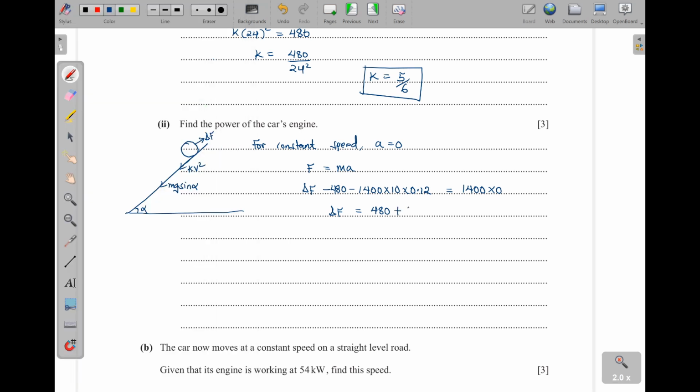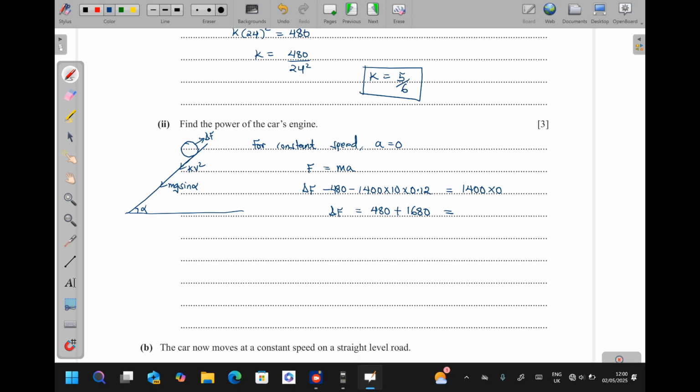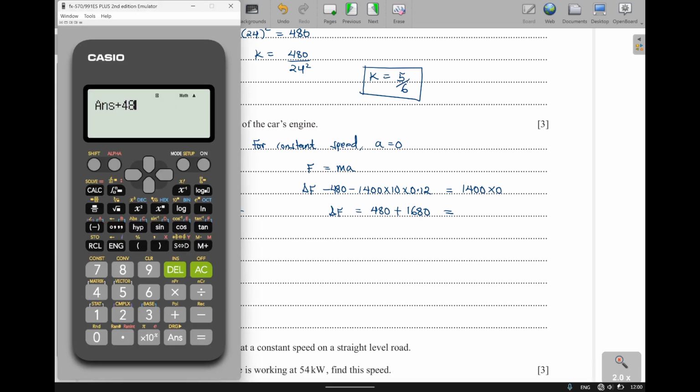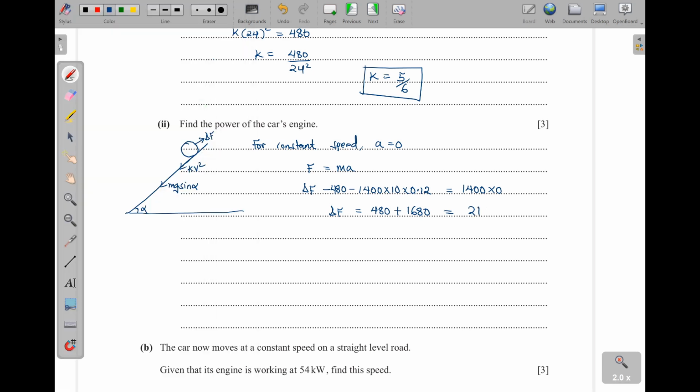So plus 1680. When we add these, plus 480, what do we get? That one gives us 2160. So 2160 newtons.